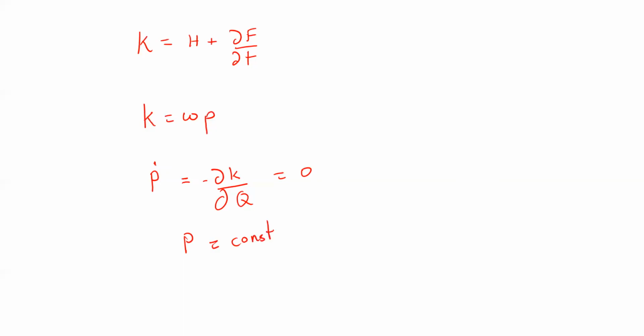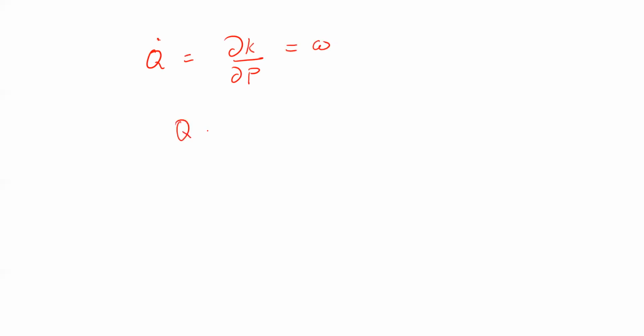Similarly, we have to find out Q dot from the Hamilton's equation. So the Hamilton's equation says Q dot is the partial derivative of K, the new Hamiltonian, with respect to the new momenta P. So what we get here is omega.